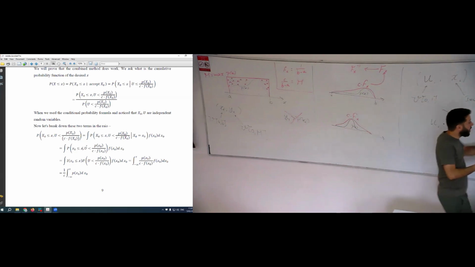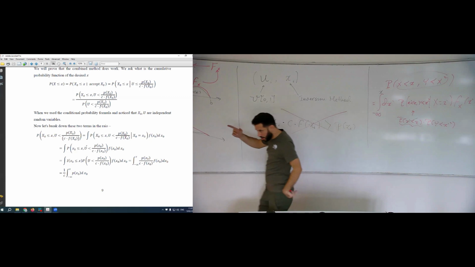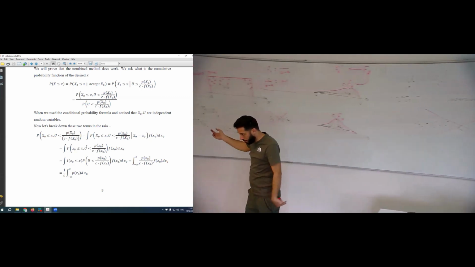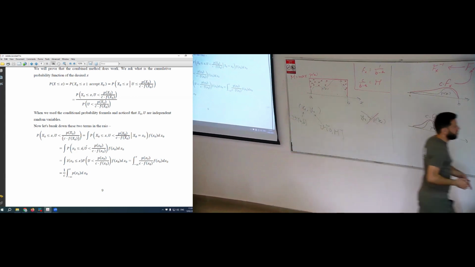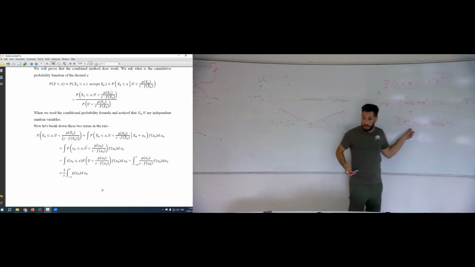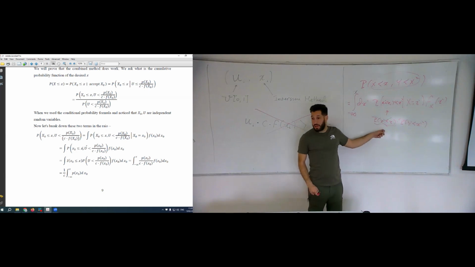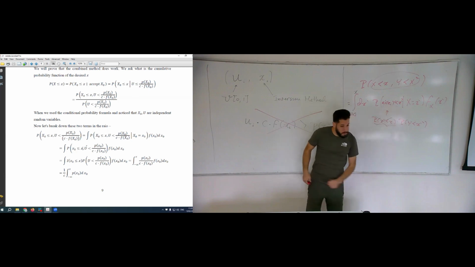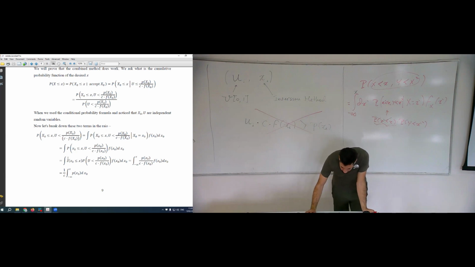The integral from minus infinity to infinity is the integral from minus infinity to x plus the integral from x to infinity. And the integral from x to infinity is 0 because this is 0 there. And the first one, this equals 1 there. Well, we are left with only this. So let me continue.